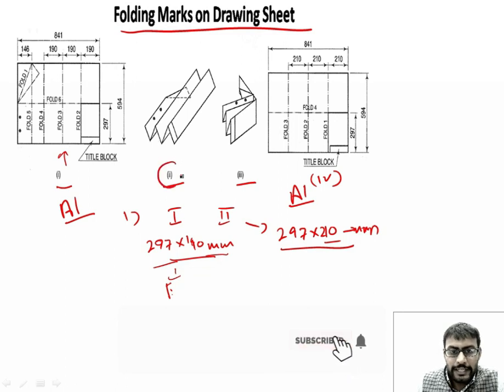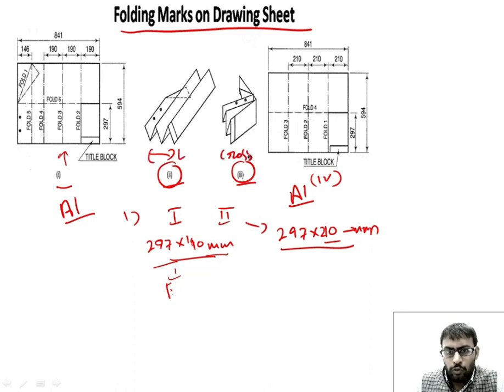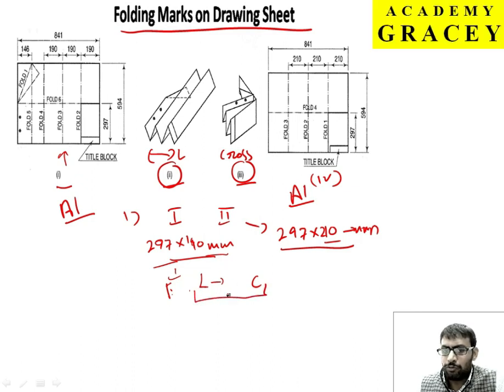In figure 2 and figure 3, you can see folding marks in the lengthwise direction and the crosswise direction. When we fold the sheet, first we fold in the lengthwise direction, and the second folding marks will be in the crosswise direction. In both cases, method 1 and method 2, the folding procedure remains the same, but the size is different.